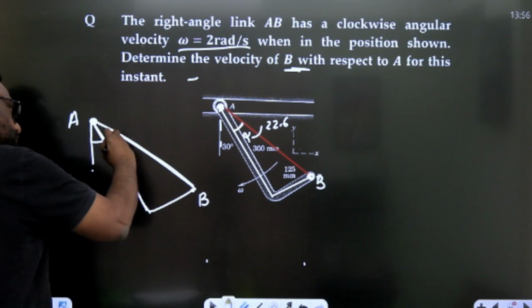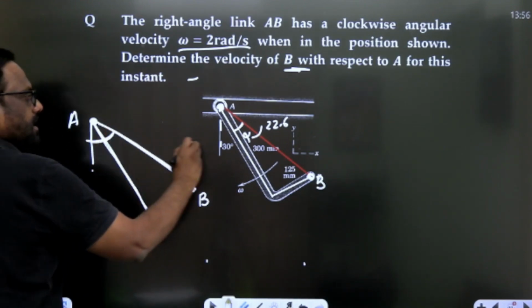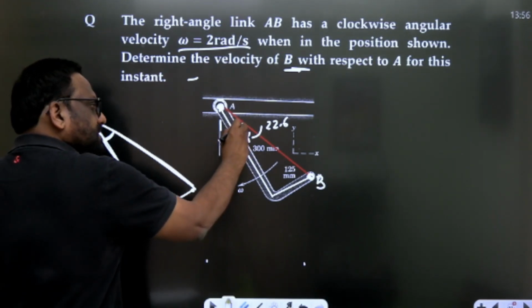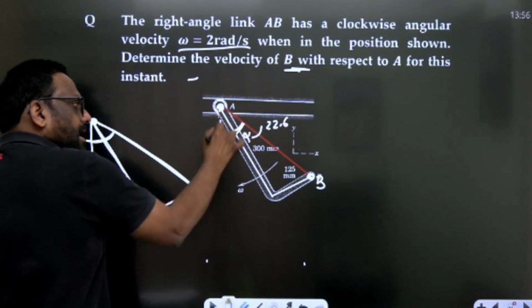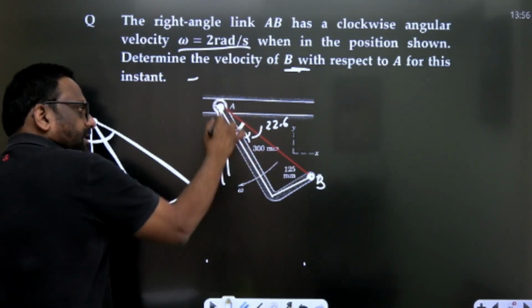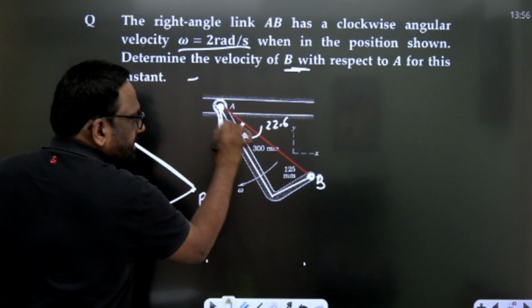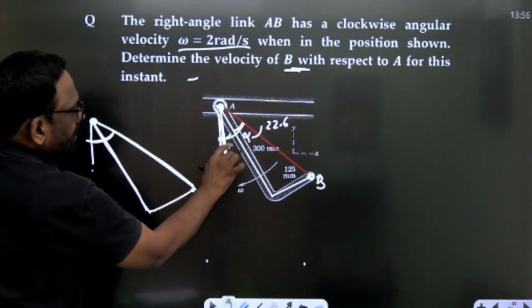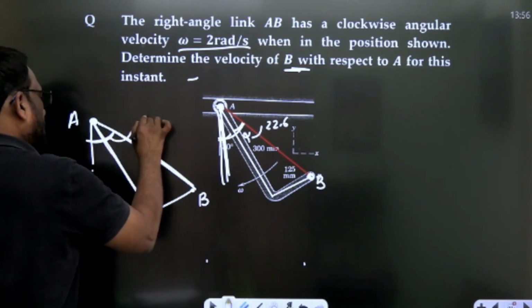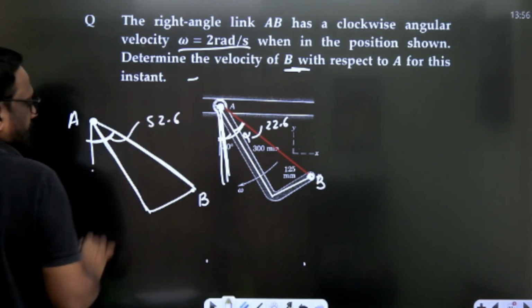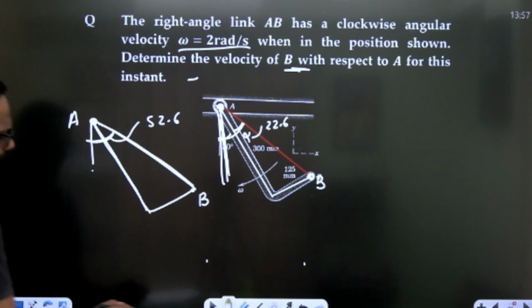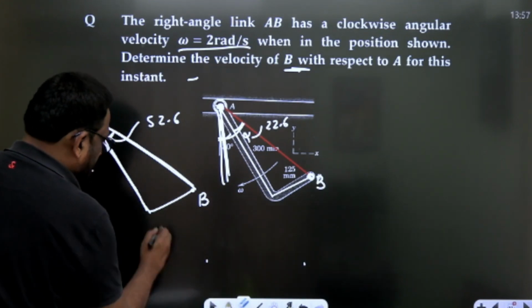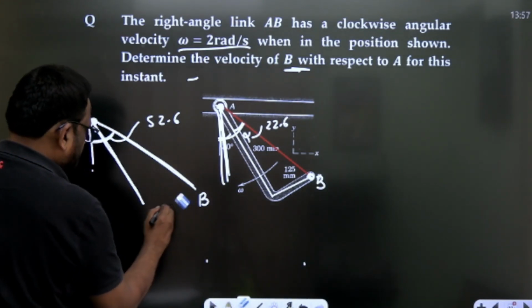I know this total angle. So this is 30 and this is 22. ये total angle AB का with respect to vertical. How much is this, sir? 30 plus 22.6 is 52.6. Okay, sir. Now I want the position of, look carefully. आराम से, टेंशन नहीं लेने का.